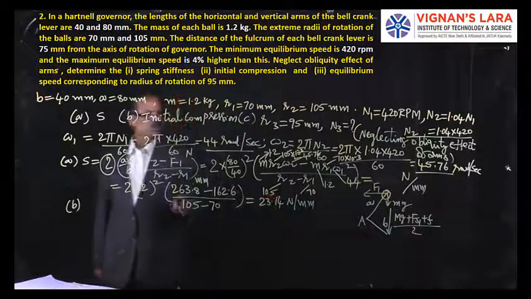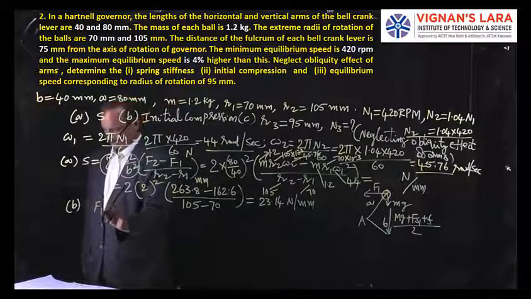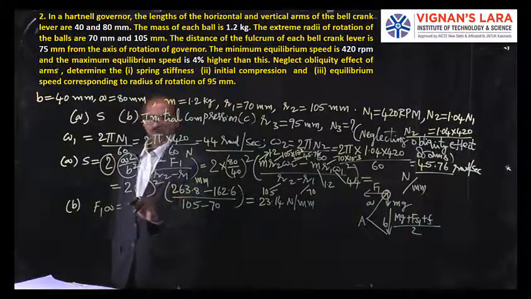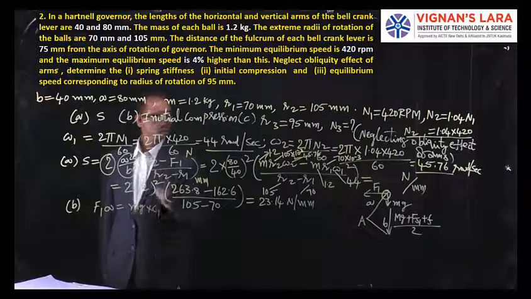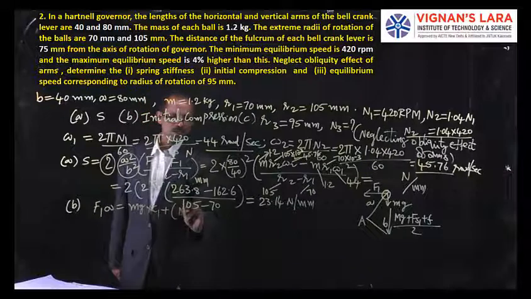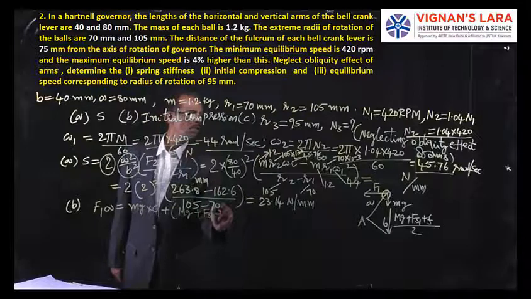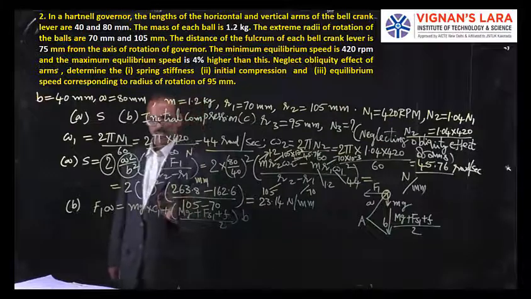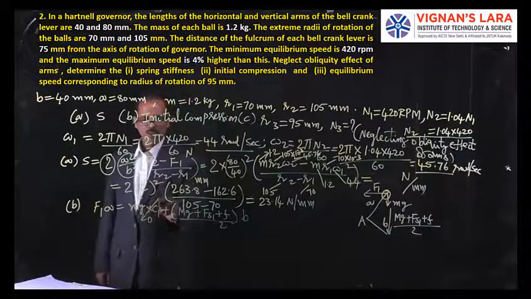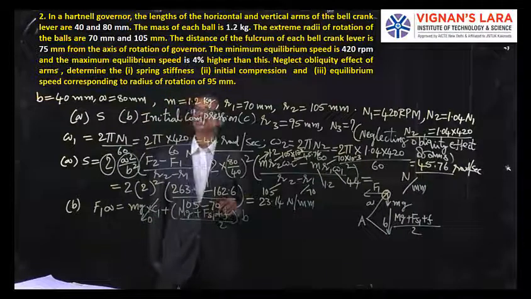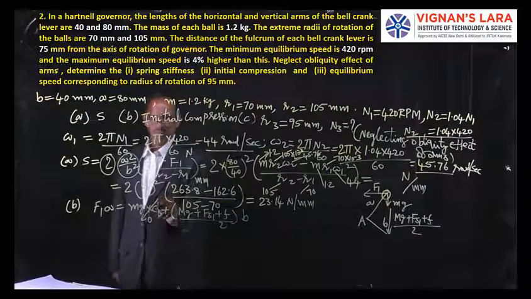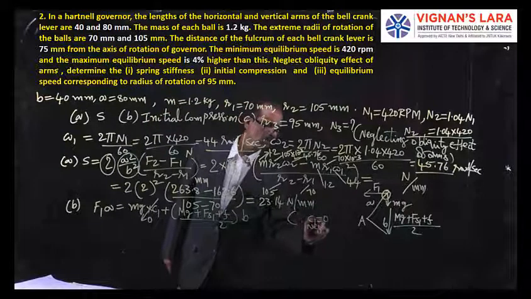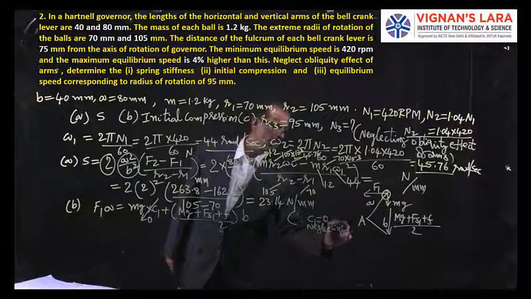Take the moments at A, then it will be F1 a, so mg into c1 plus mg plus Fs1 plus F by 2 into b, and here this part is 0 because our consideration is neglecting the obliquity. Then c1 is 0 because neglecting obliquity.